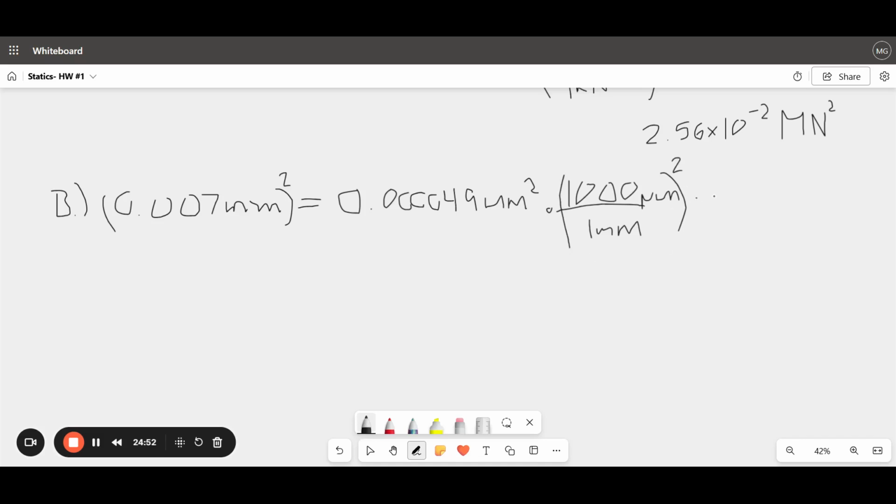And when we get that, it's going to be 49 micrometers squared. When you're writing it into Pearson Plus, just make sure it's typed out as 49.0 micrometers squared. And that's just going to make sure, again, 3 significant figures.